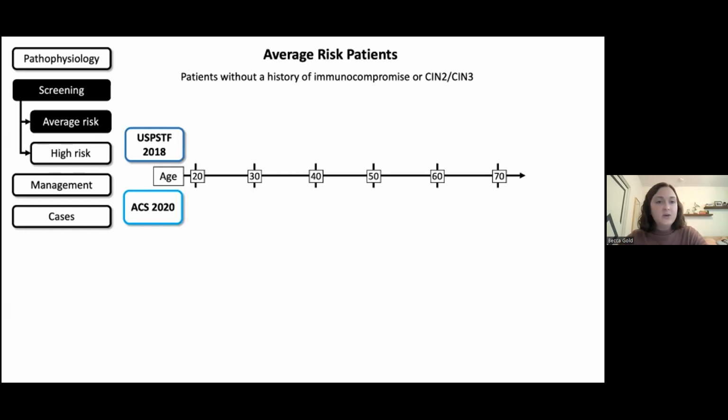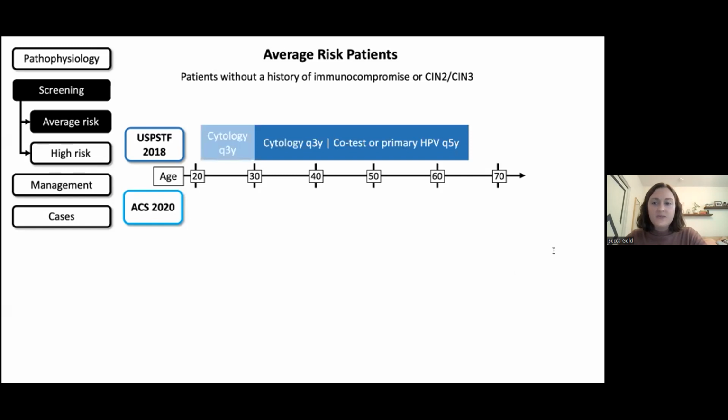The first is the USPSTF 2018 guideline. This is the one that will probably sound familiar to you all. It's the one that I learned in med school and the one that appeared on USMLE testing. And then the second might be a little bit newer to folks. This is the American Cancer Society, or the ACS 2020 guidelines. And I want to underscore that either of these are acceptable methods when you're screening average risk individuals.